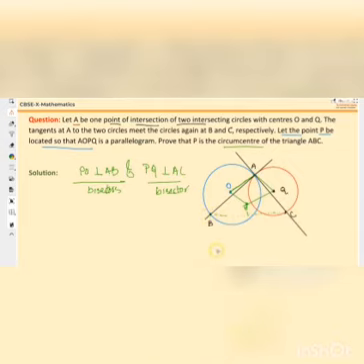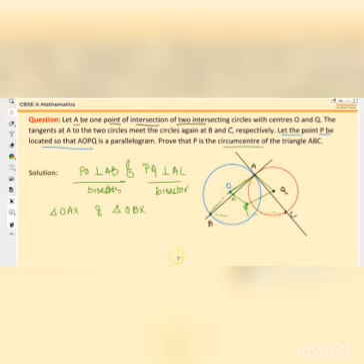To do this, guys, let us see this triangle first of all. Let me say this point is X. So consider triangle OAX and triangle OBX.